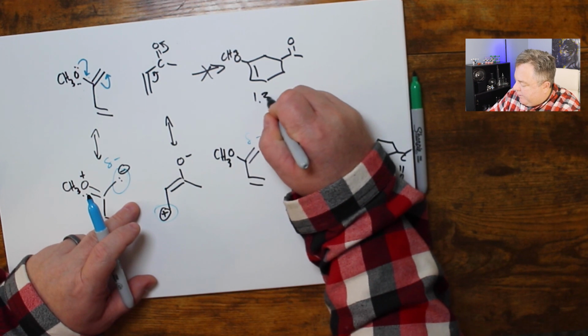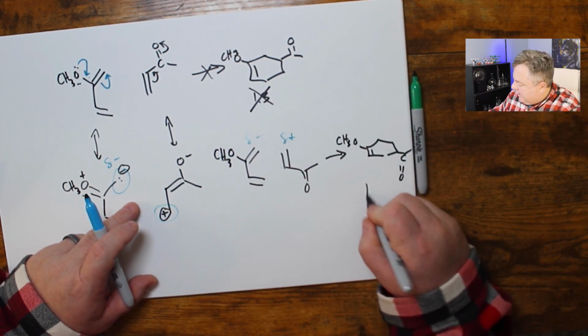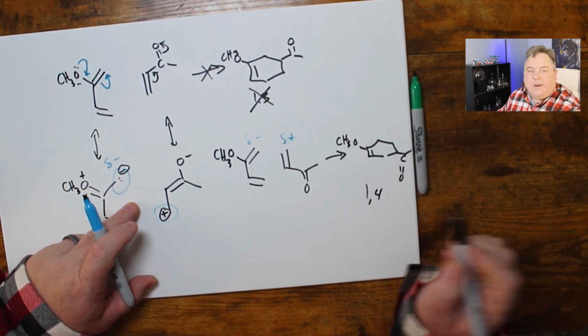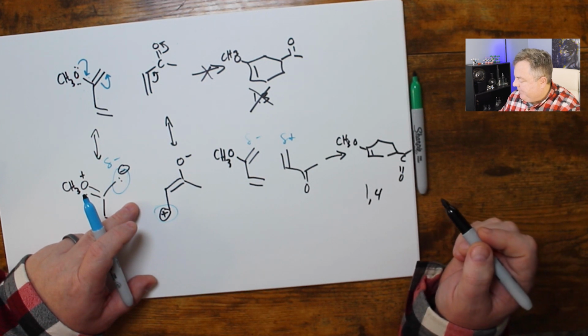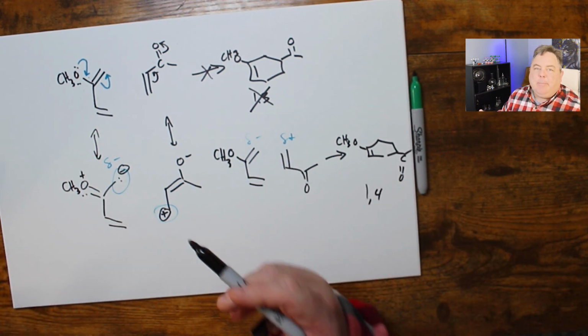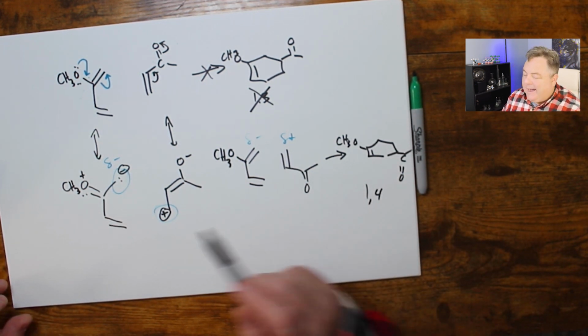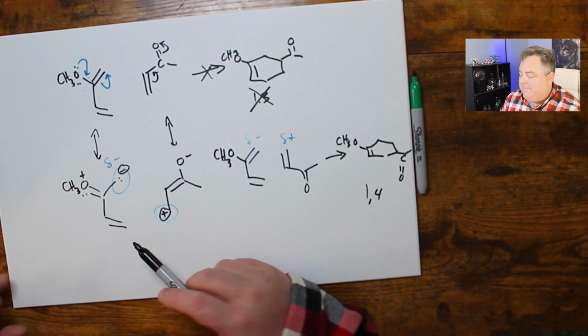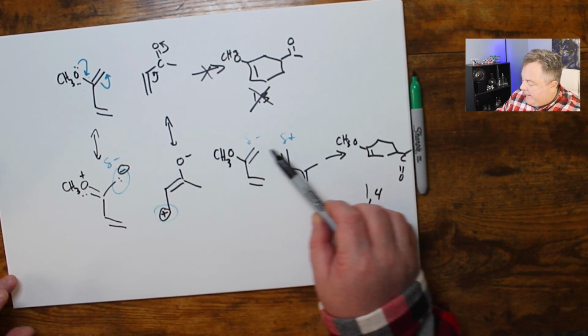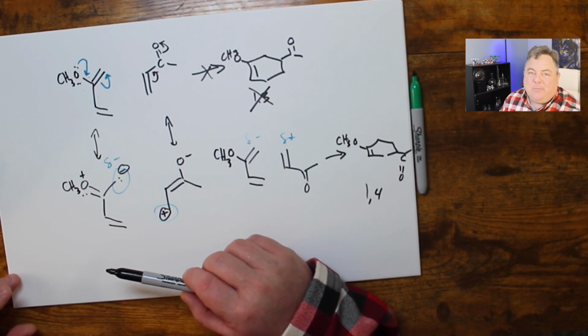So instead of 1, 3, I don't make that. I like to make 1, 4, where those are on opposite sides of each other. So I like to make 1, 2 or 1, 4, but not 1, 3 in either case. And the reasoning behind it is the most negative spot gets together with the most positive spot.